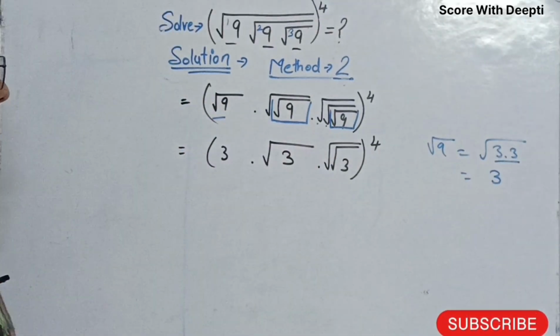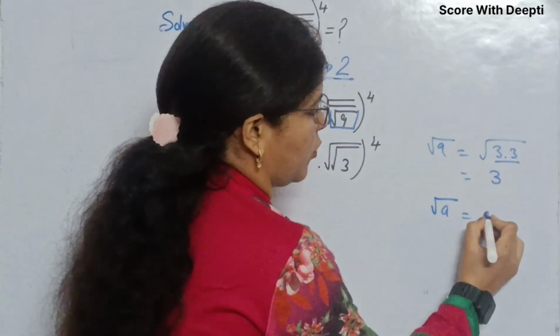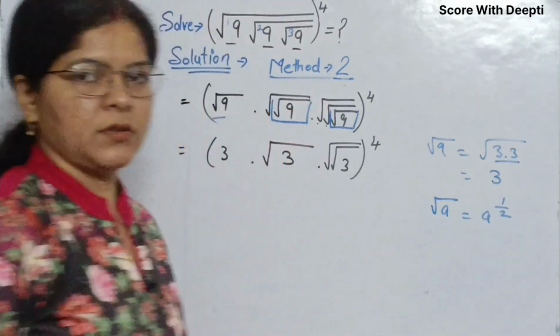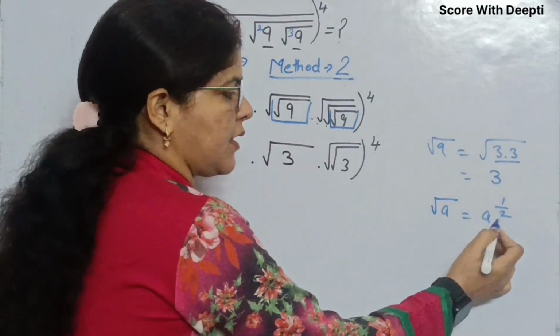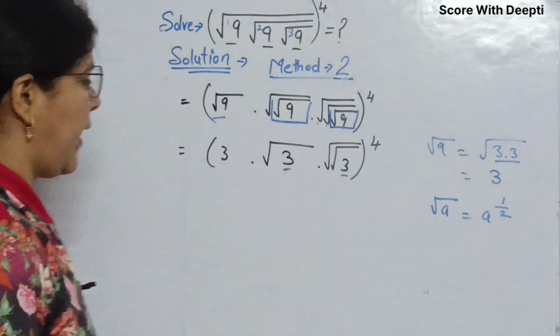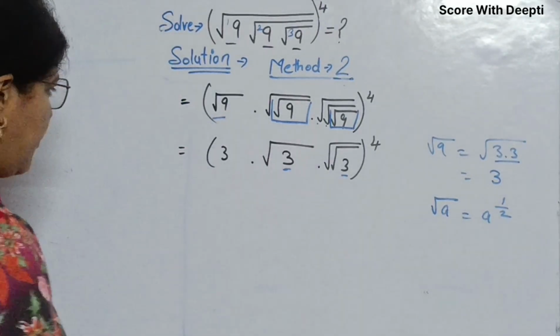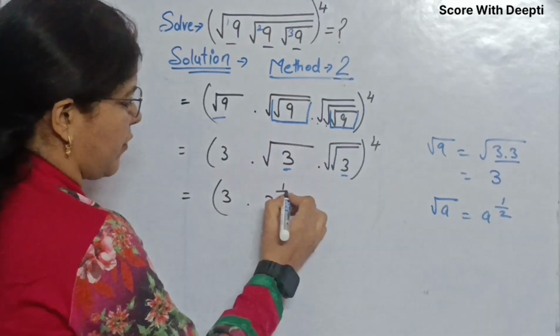Next, we know that square root a equals a to the power 1 by 2. Means if square root a is given, it can be written as a to the power 1 by 2. Here a is 3. Now this can be written as 3 into 3 to the power 1 by 2.